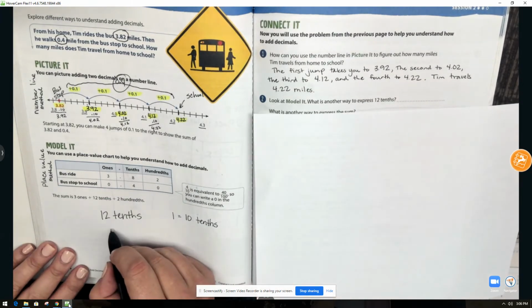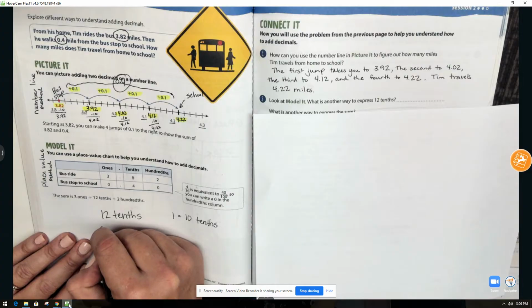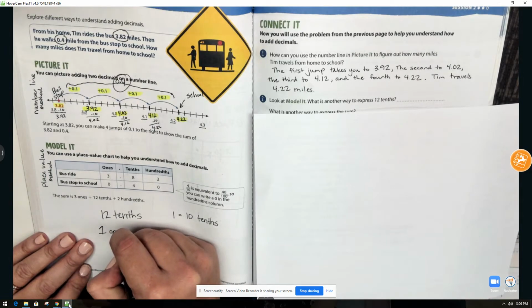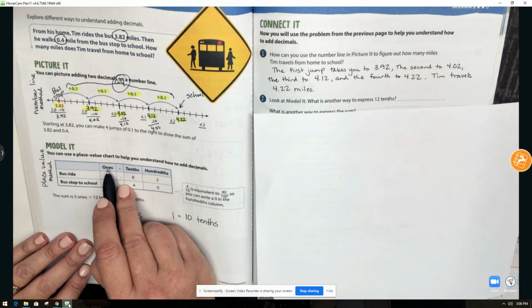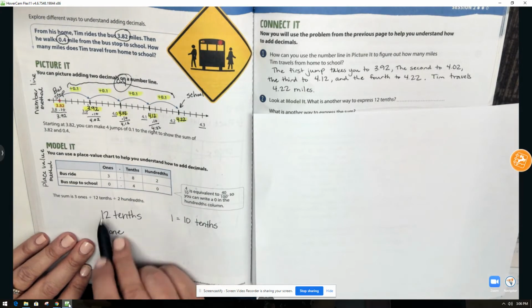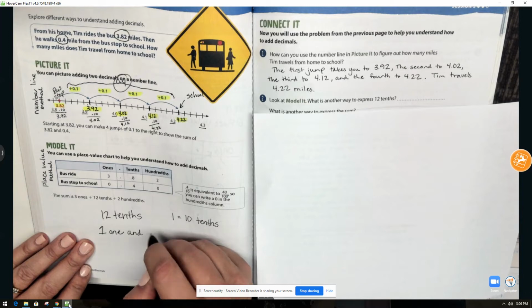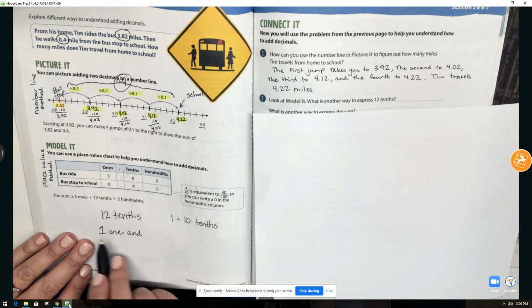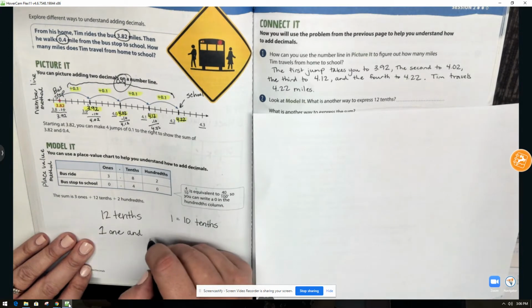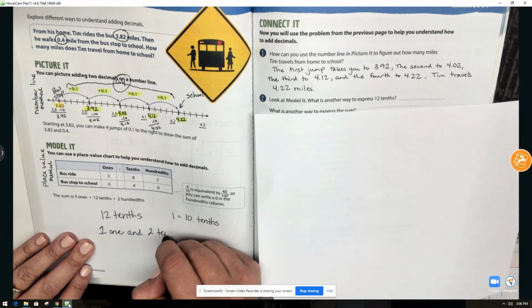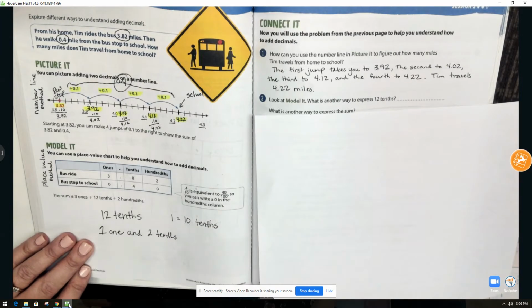So we can write this as 1 and, because we have one whole, and then if we take away 10 to make that whole, we have 2 left, 2/10.